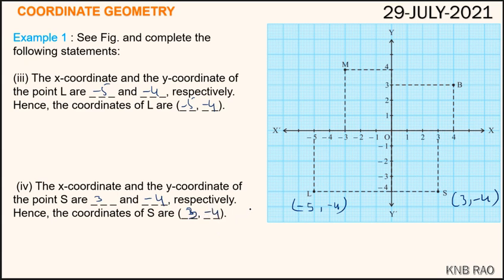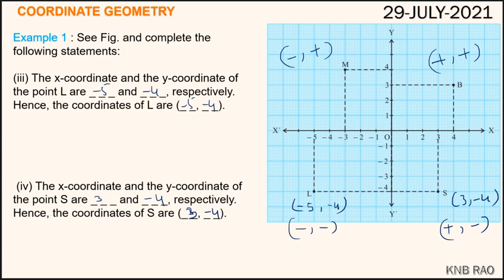You could see now in this, positive comma positive points lie in first quadrant, negative comma positive points lie in second quadrant, negative comma negative points lie in third quadrant, positive comma negative points lie in fourth quadrant. Now, we will wind up today's session solving example number 2.